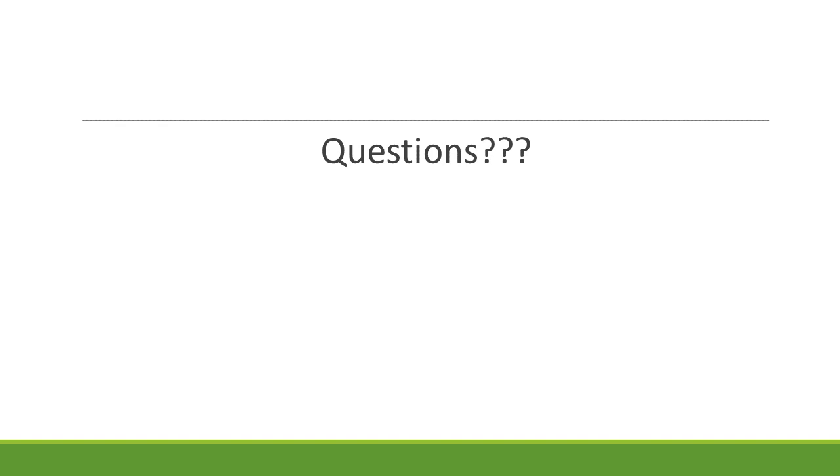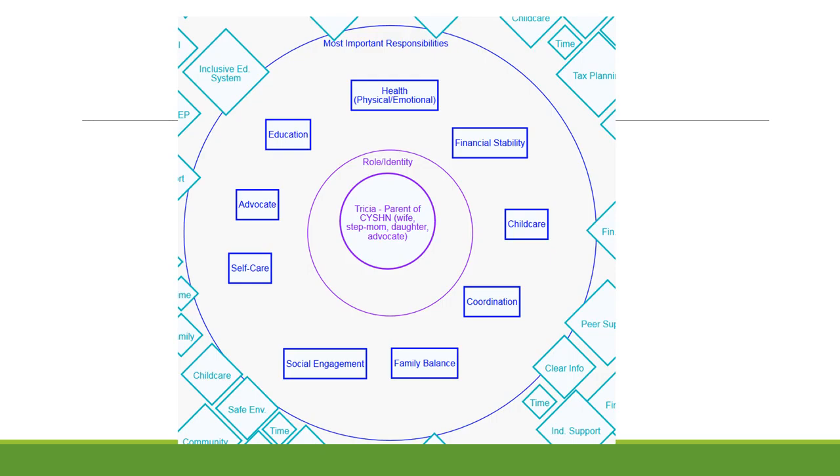One of the questions that came up in the chat box is how often do you look at or use this, and have you changed anything lately? One of the biggest changes I made was, and here I'll go back to that slide to show you, I identified that one of the responsibilities I had initially neglected was family balance.